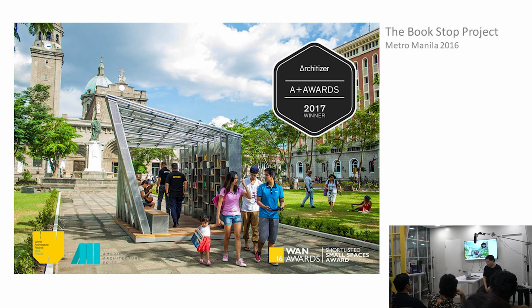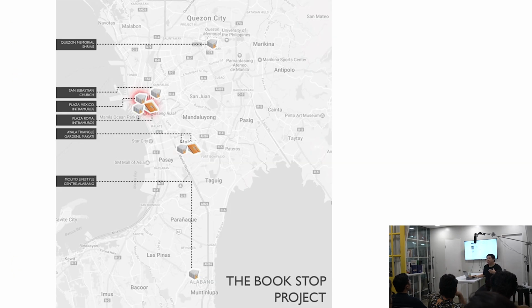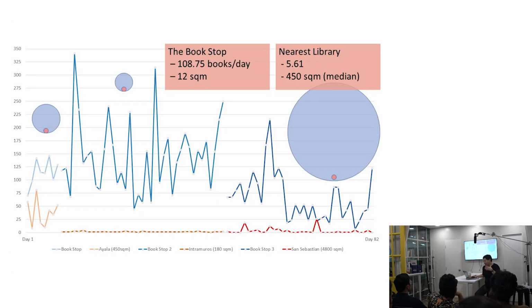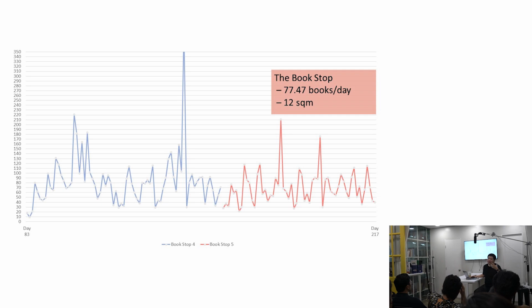So what we wanted to do was develop this library, move it around the city, and compare. Every place we put it near, there's usually a nearby library. Why is it that the nearby library has no foot traffic, and how many books do we turn over each day?